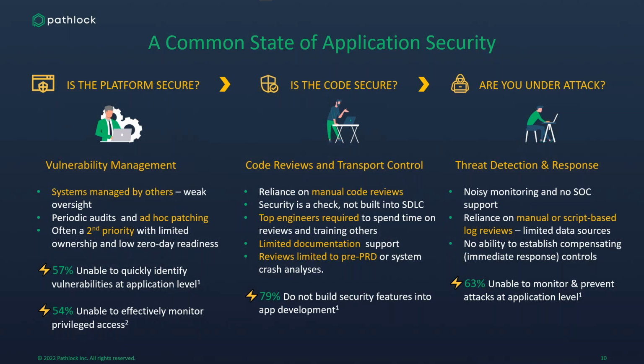So, for example, about 57% are not able to identify vulnerabilities on application level, just to say so. But it's also important to have, especially in the SAP environment, code reviews and transport controls, and this also becomes a little bit tricky.